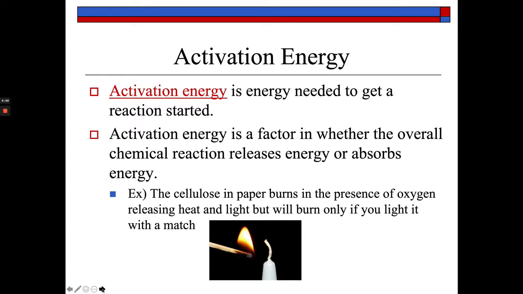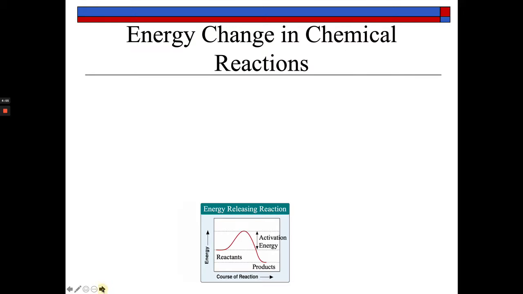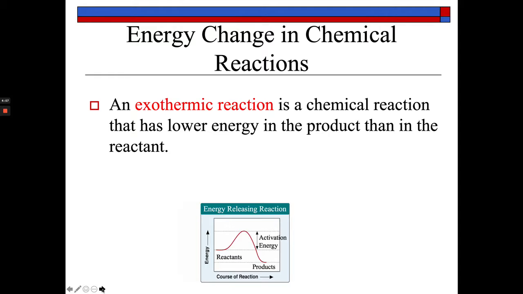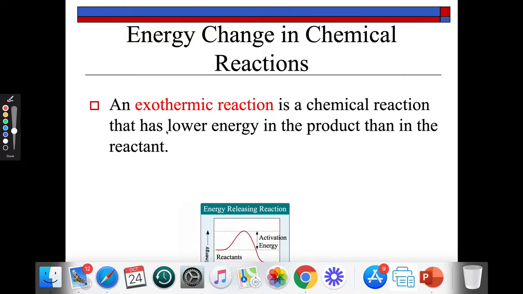Now, the two types of chemical reactions are as follows. First type is called an exothermic reaction. This is a chemical reaction that has a lower energy in the product than in the reactant. So in an exothermic reaction, think of exo as out.